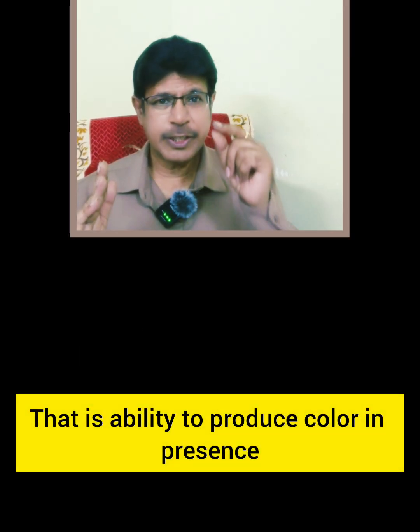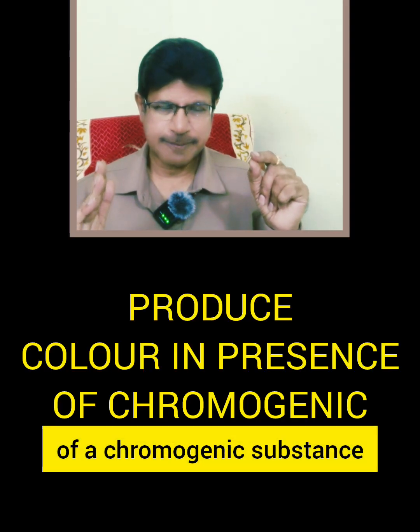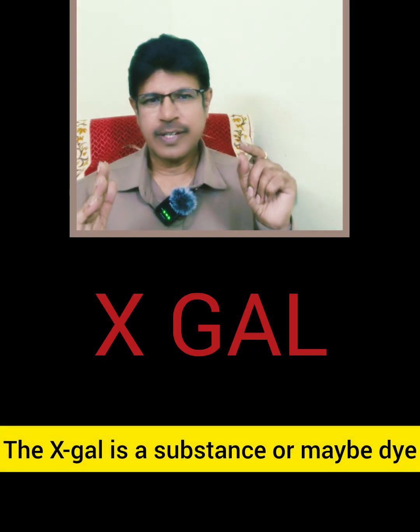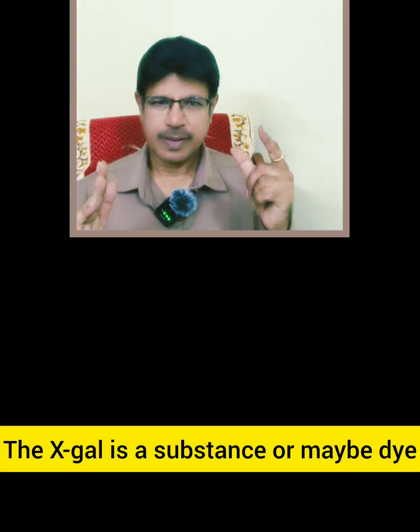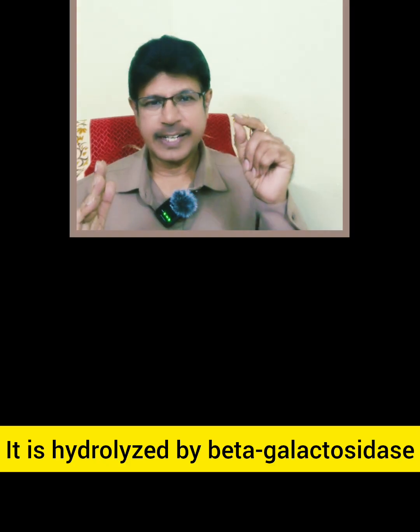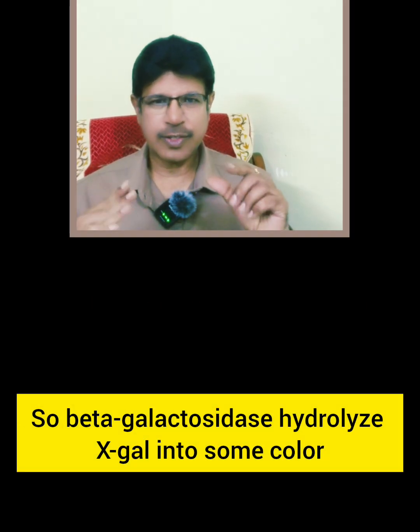That is the ability to produce color in the presence of a chromogenic substance, that is X-gal. X-gal is a substance or maybe a dye. It is hydrolyzed by beta-galactosidase. So beta-galactosidase hydrolyzes X-gal into a blue color.